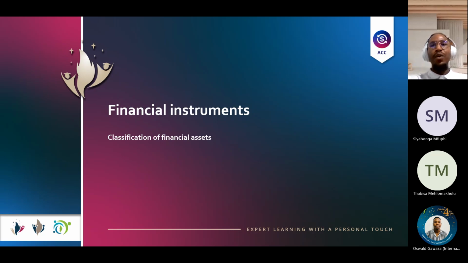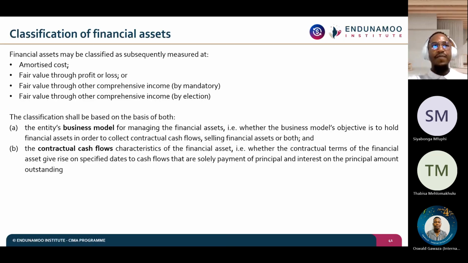We're going to begin with financial assets. When we talk about financial assets, ladies and gentlemen, we are talking about contractual rights to receive cash. We're talking about cash itself, or contractual rights to exchange cash or other financial instruments under conditions that are potentially favorable to the entity.